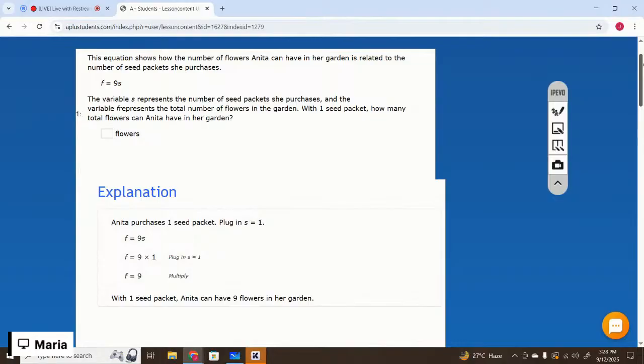So S is 1. That is, you need to replace S with 1.